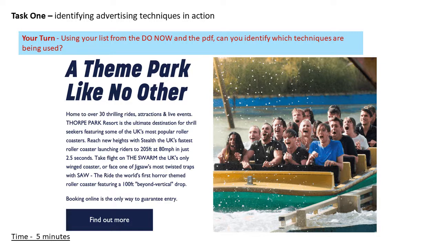Reach new heights with Stealth, the UK's fastest roller coaster, launching riders to 205 feet at 80 miles per hour in just 2.5 seconds. Take flight on the Swarm, the UK's only winged roller coaster, or face one of Jigsaw's most twisted traps with Saw. Ride the world's first horror-themed roller coaster, featuring a 100-foot beyond vertical drop. Booking online is the only way to guarantee entry. Find out more. So pause the video to identify the techniques being used.